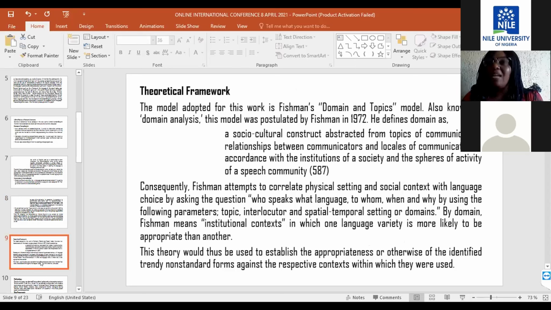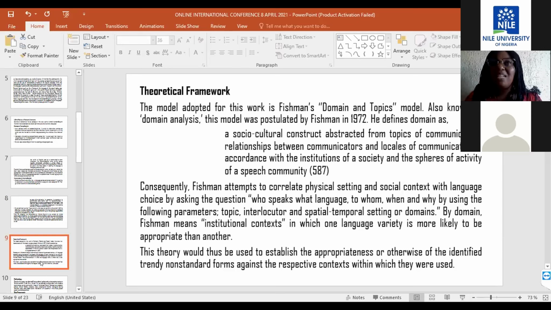I have decided to use Fishman's domain and topics model for the analysis of the data for this study. Very briefly, summarizing now, this approach has to do with, one, context, which has to do with the domain, the setting.